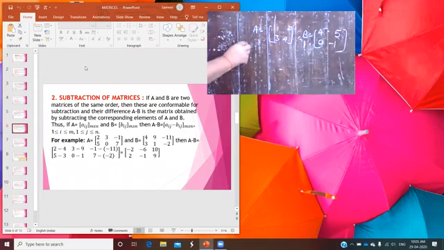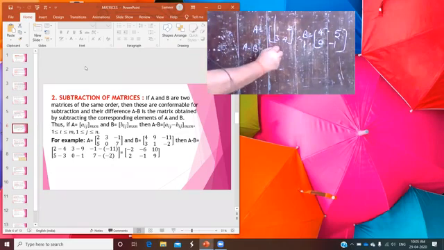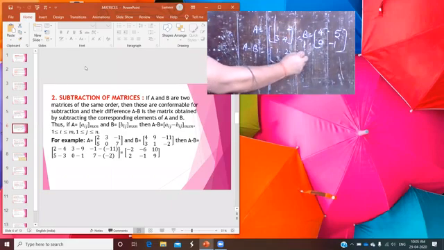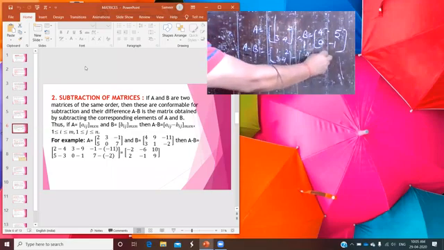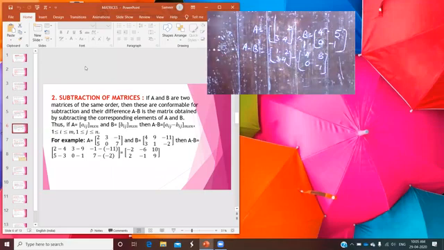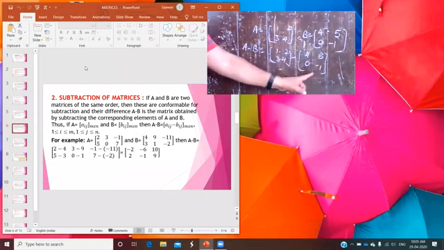So A minus B. If you want to find the value of matrix A minus matrix B, first you write the first matrix 1 2 3 4 minus the second matrix 4 5 0 -1. Here you see there is a minus sign between matrix A and matrix B, so first you have to multiply this negative sign into each term of the B matrix.